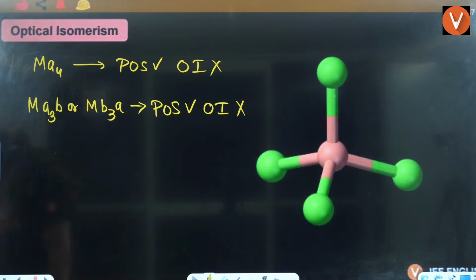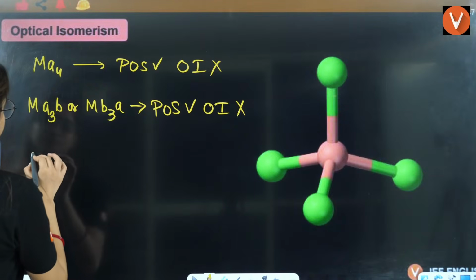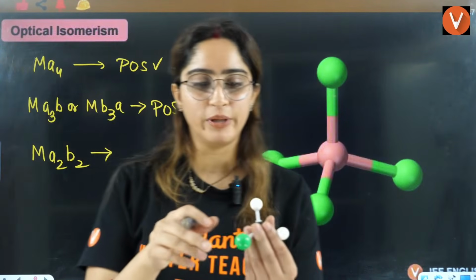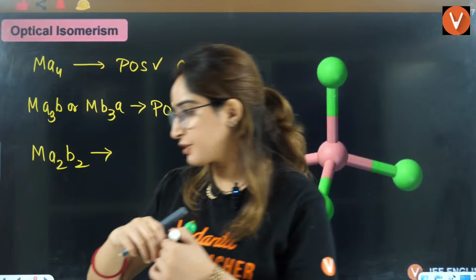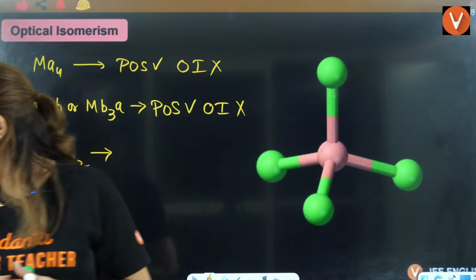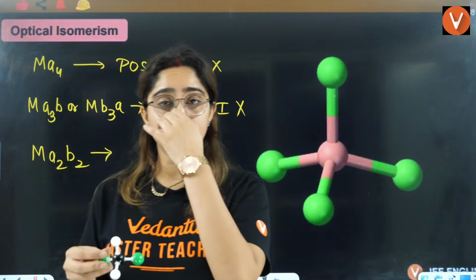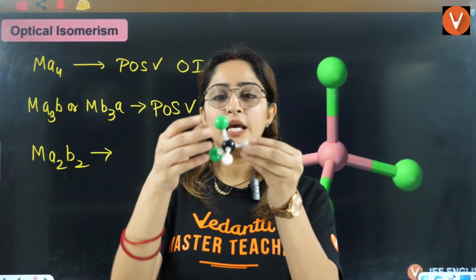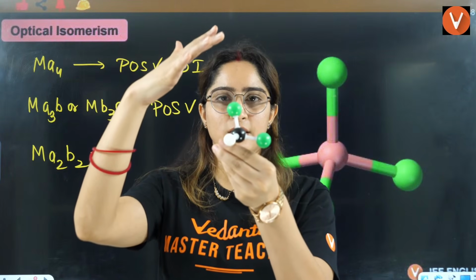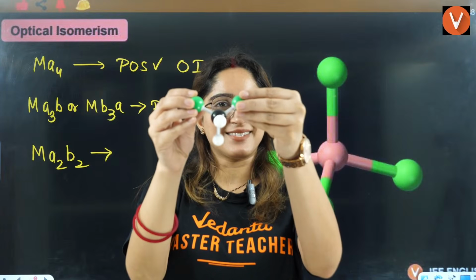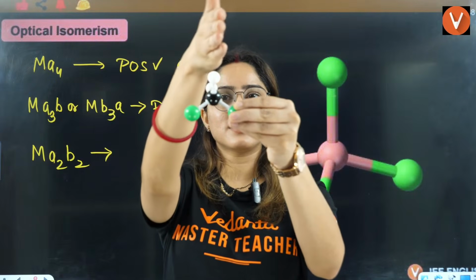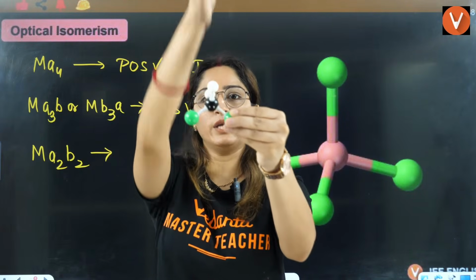Third one is you have MA2B2. So now you should have two atoms which are same. If you see it like this, you will say, ma'am, no POS is present. But if you see it like this, yes, you slice this, it will cut into equal half.